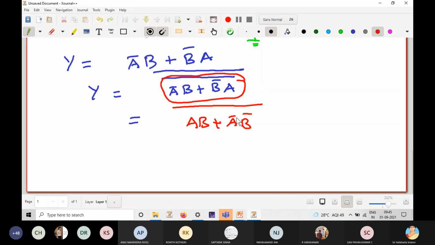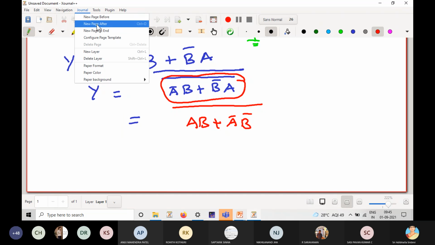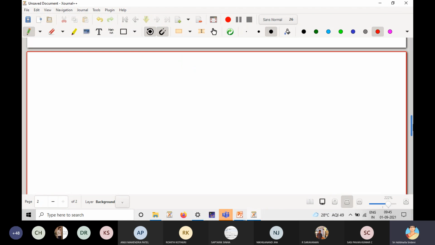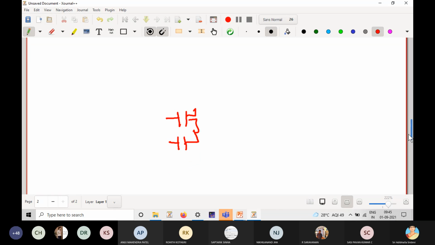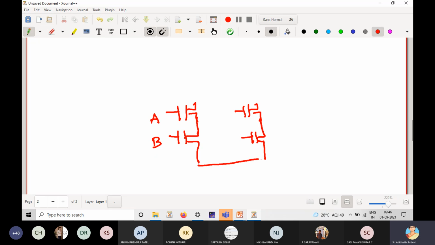Yes, ma'am. So I'll try to implement this. Already I gave you how to implement this, one way. The second way I'm doing just by using a dual network. I gave you already the XOR circuit, do you remember? You might have taken another expression, but it's okay. You have taken a very simple expression.